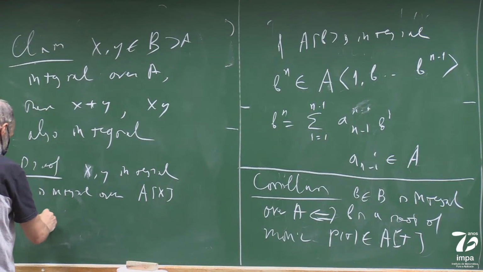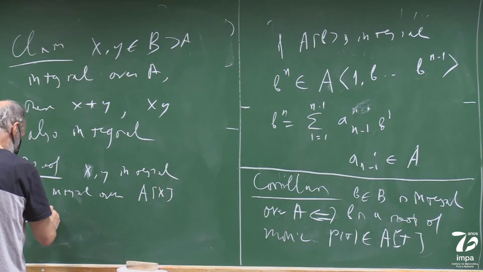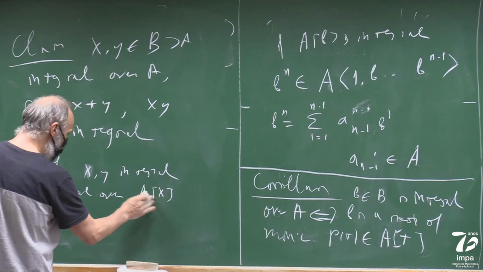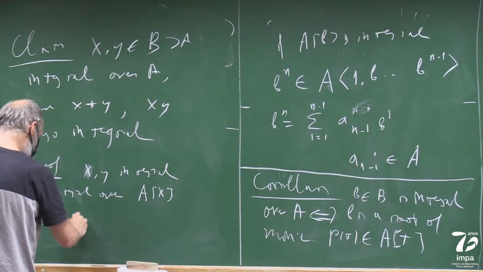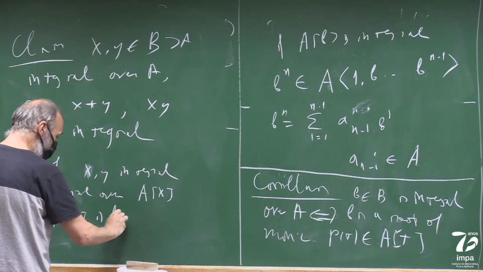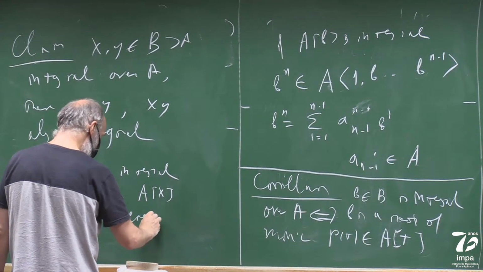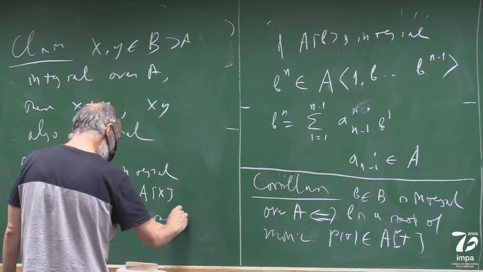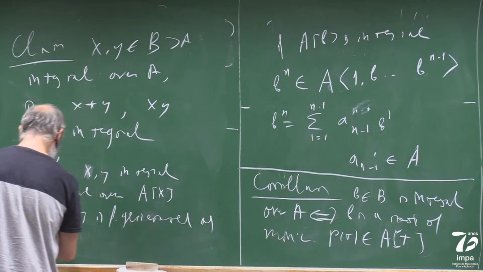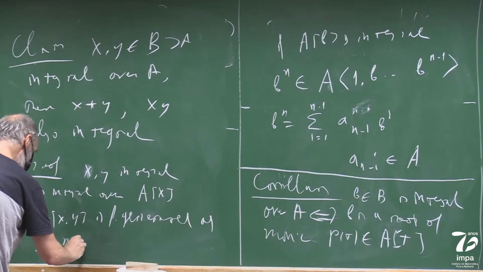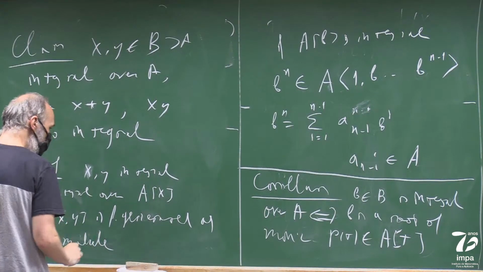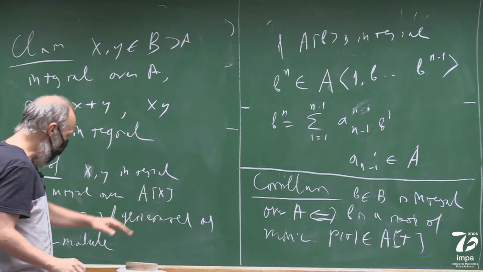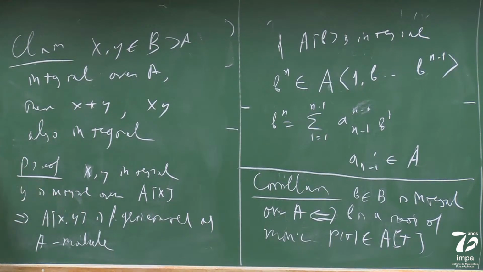So this implies that the ring generated by x and y is finitely generated as a module. Because this ring is already finitely generated as a module, and then you add one more element.